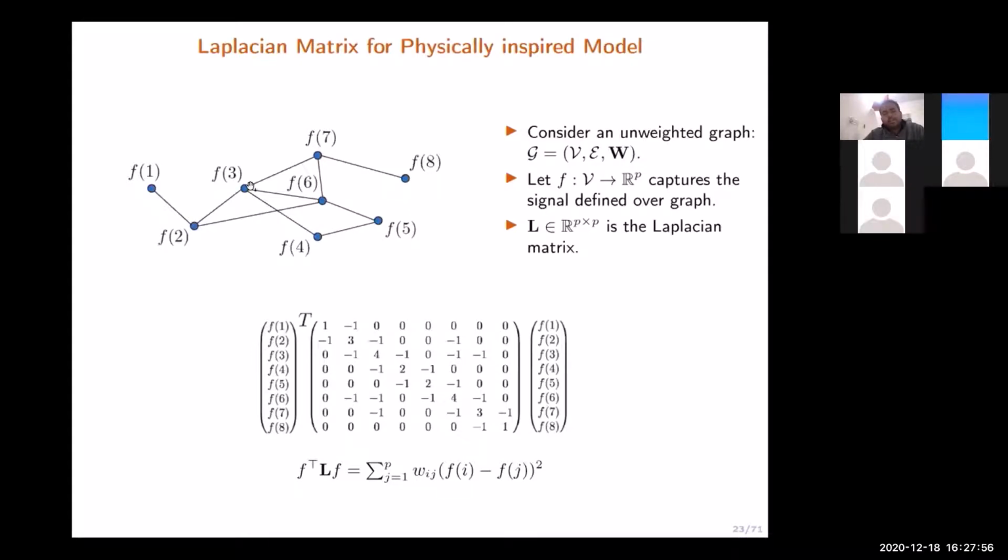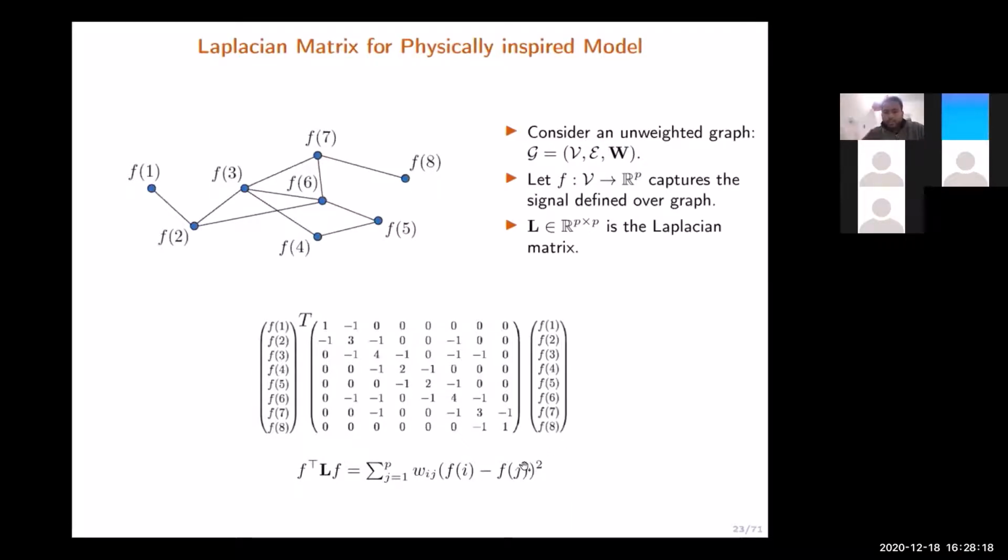That property is smoothness. So, suppose F is the signal defined over the nodes, F transpose L F, where L is the Laplacian matrix, can also be expressed as the sum of Wij times (Fi minus Fj) squared. In statistical mechanics, this is also called the energy of a system, and low energy systems are more stable than high energy systems.